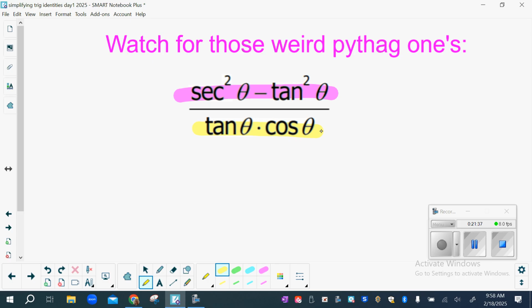It's got squares, and it's got a minus, and it's got secant and tangent. Look on your Pythagorean list, because the squares and the minus are a clue. Right now, with your neighbors, see if you can find this somewhere on your Pythagorean list.